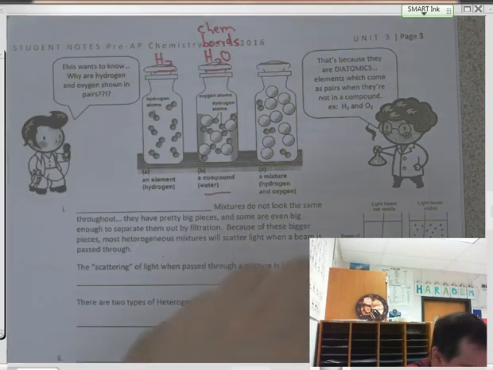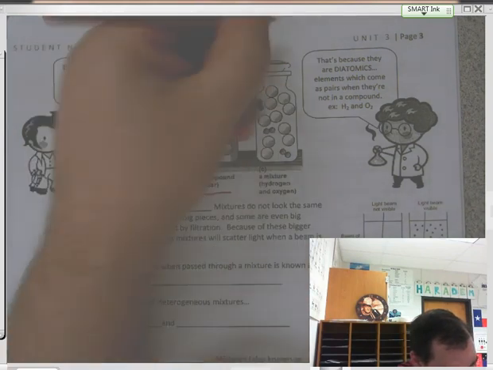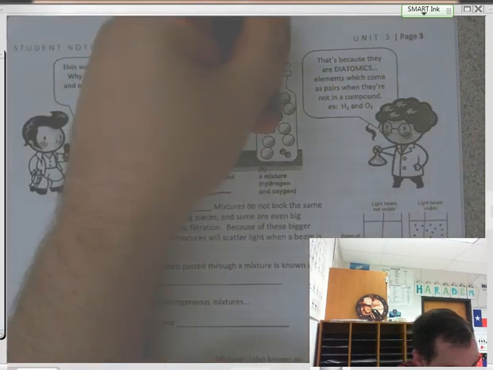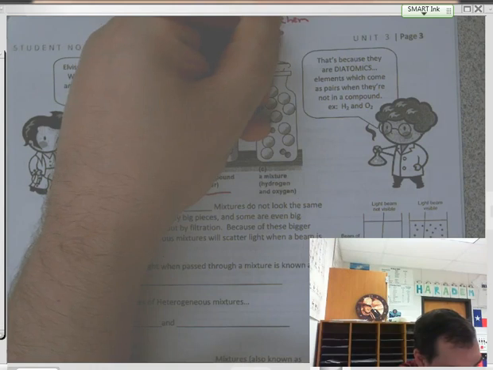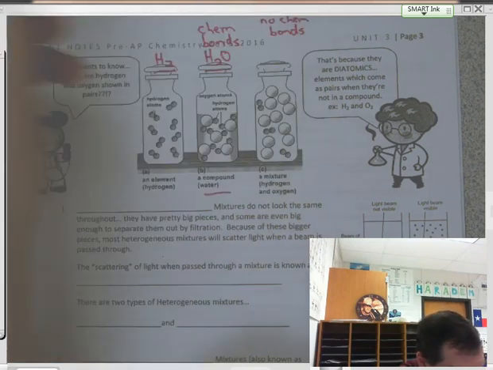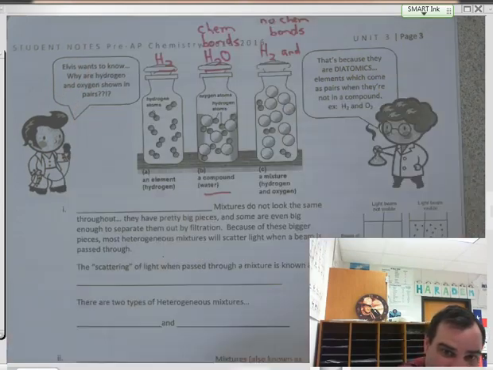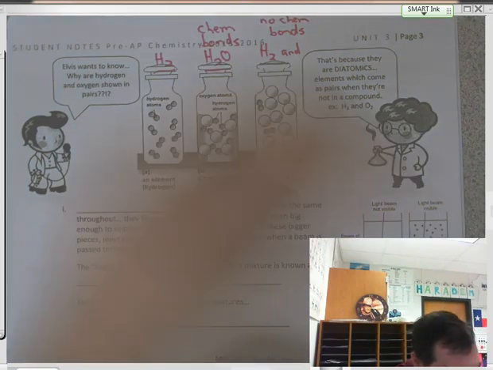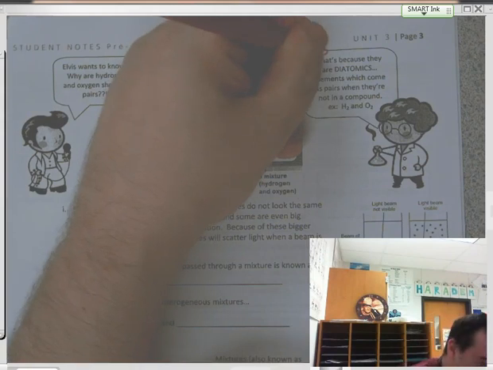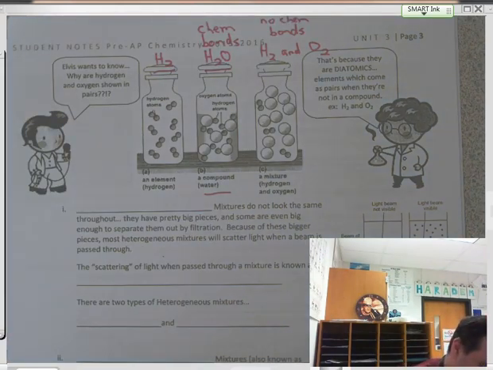Okay. Here there is no chemical bonds between the hydrogens and the oxygens. So I've listed this as hydrogen and, notice I put the word and in there. Once I put that word and in there, that becomes a mixture. So this is hydrogen and oxygen that are not bonded together.